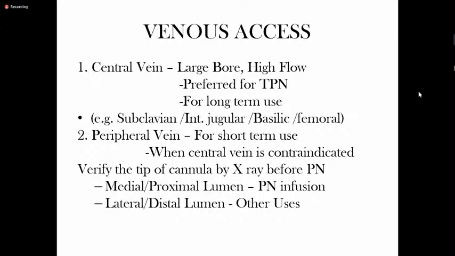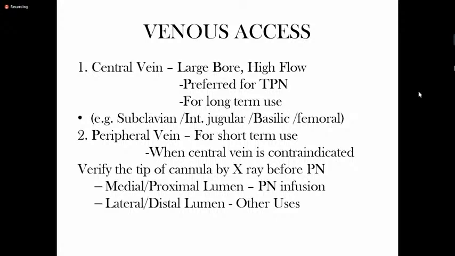If you use a peripheral vein, it is for a very short time, and we do this only when we cannot do a central. Okay, central is indicated. Once we have put a cannula, we must verify that the cannula is within the blood vessel. The cannula can have a medial proximal lumen, and this is for parenteral nutrition.